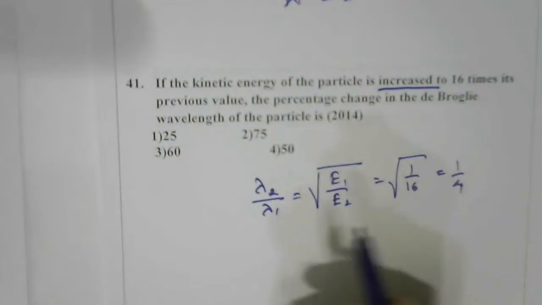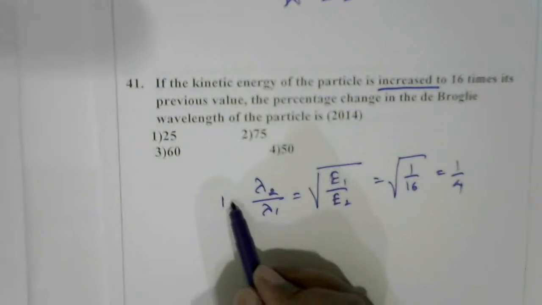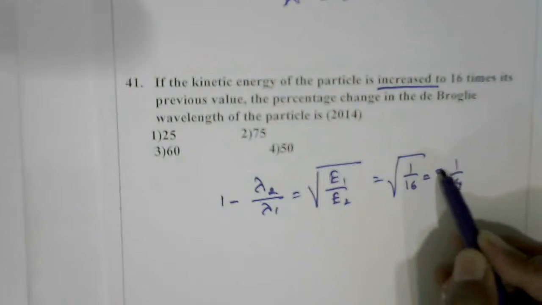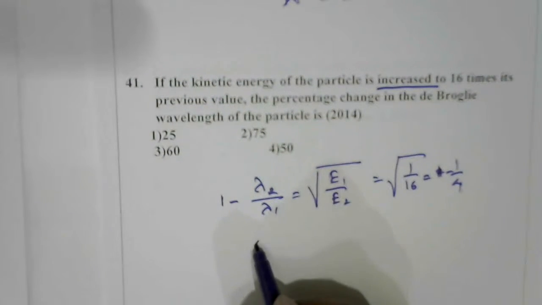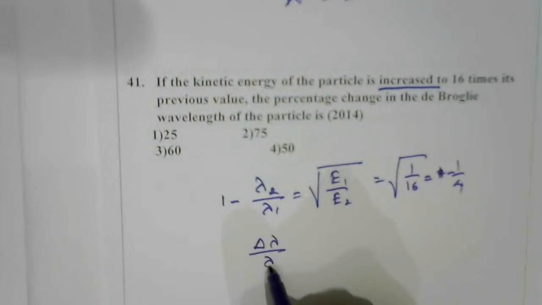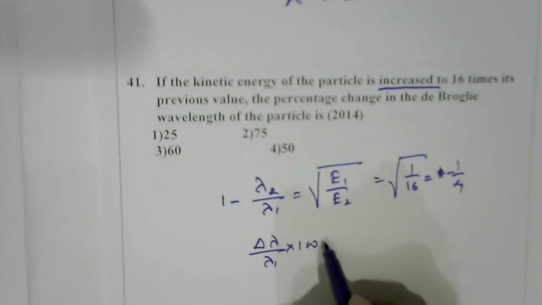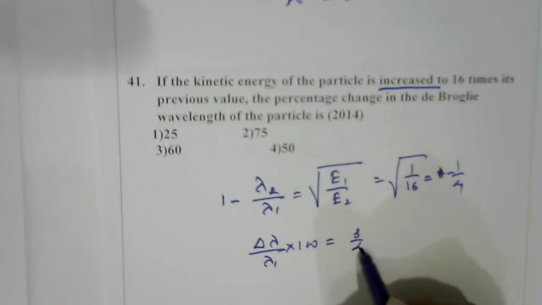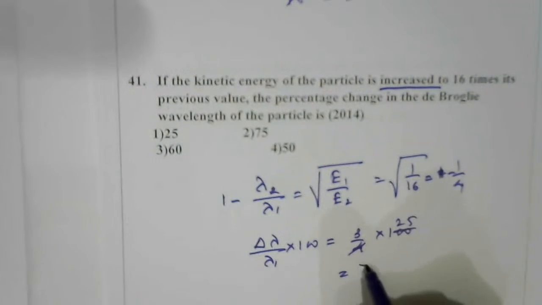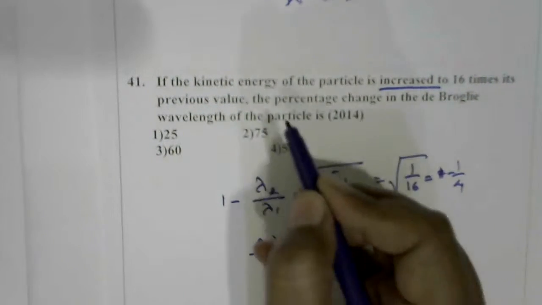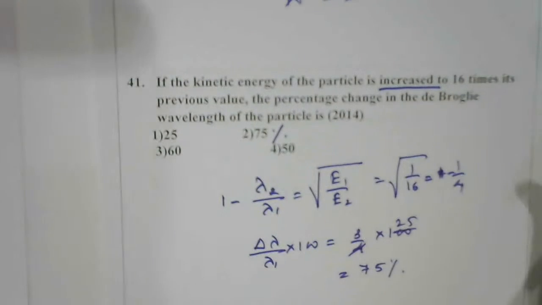Now we can take percentage change. So make it 1 minus on both sides, into 100. So delta lambda by initial lambda 1 into 100 will be equal to 3 by 4 into 100. So you are having 75 percent. Okay, it changes by 75%.